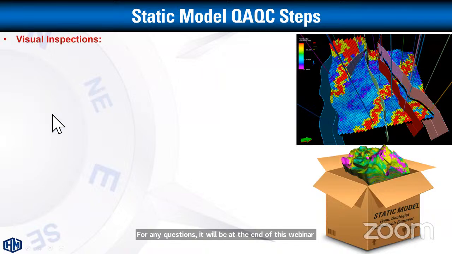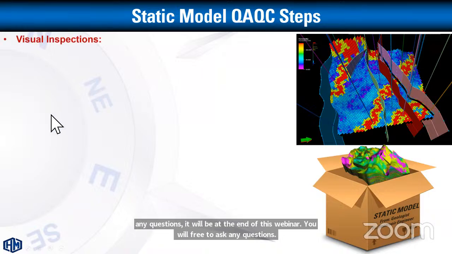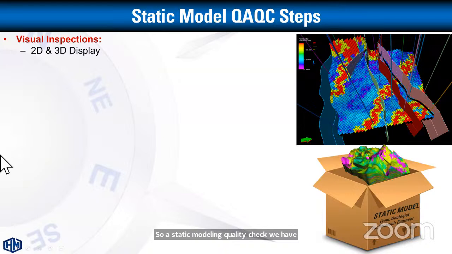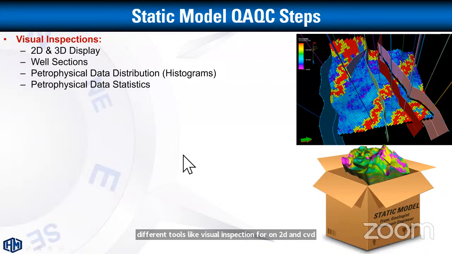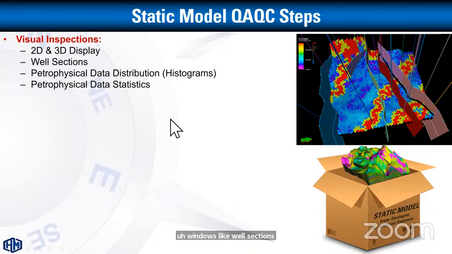So, static modeling quality check: we have different tools like visual inspection in 2D and 3D windows, like well sections, properties distribution using histograms, and statistical data analysis.